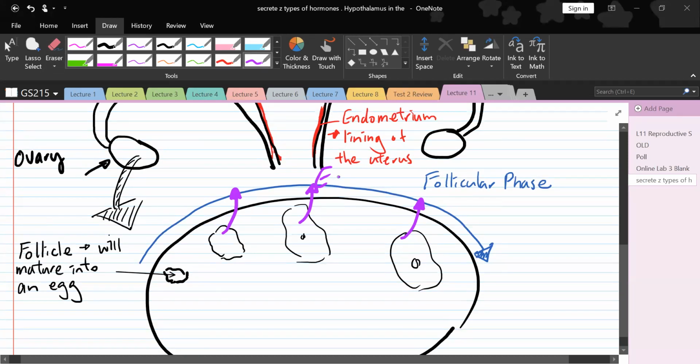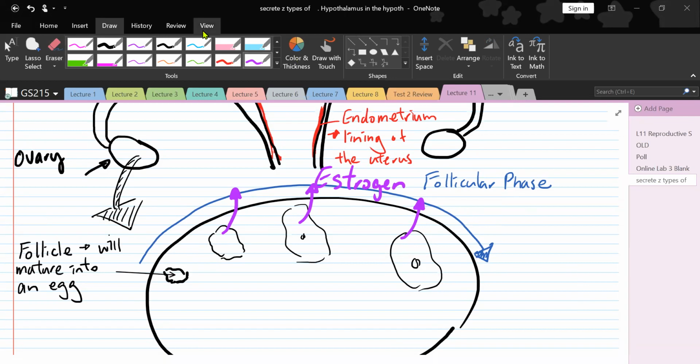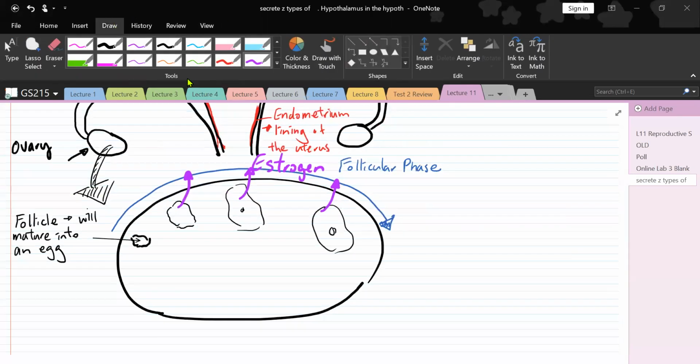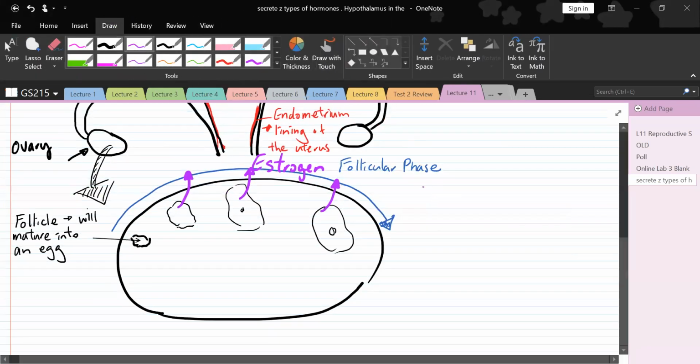That is also correct, but I'm just gonna go with the one with the E, okay? Estrogen. So let's write a quick note here. Okay, estrogen is released as the follicle develops.